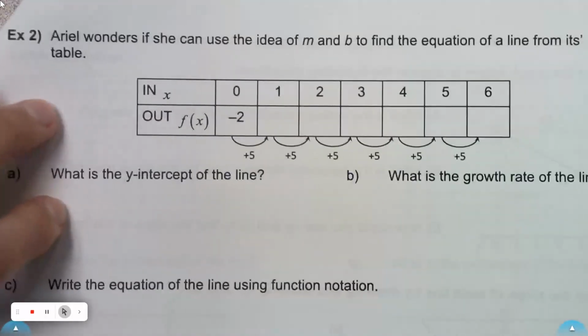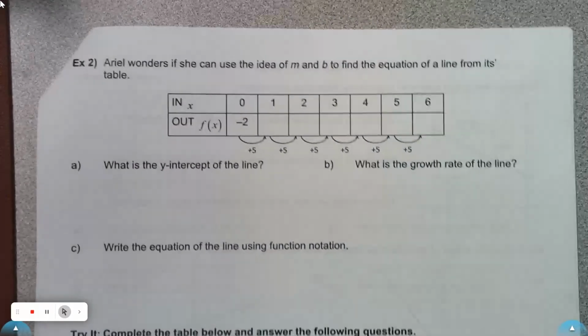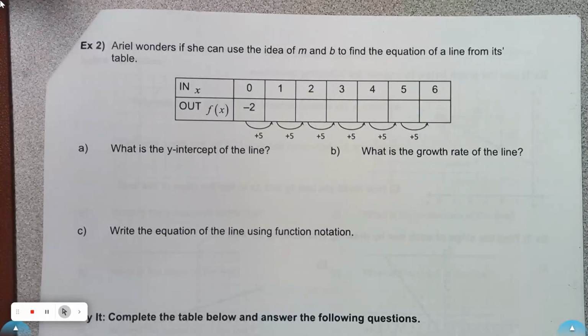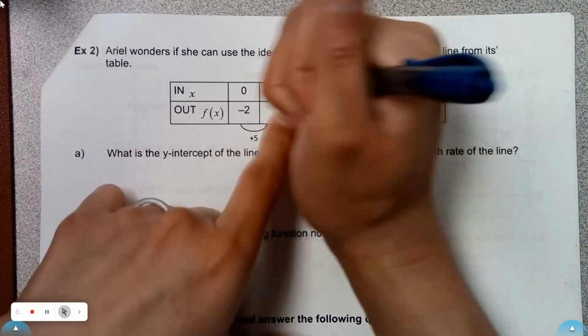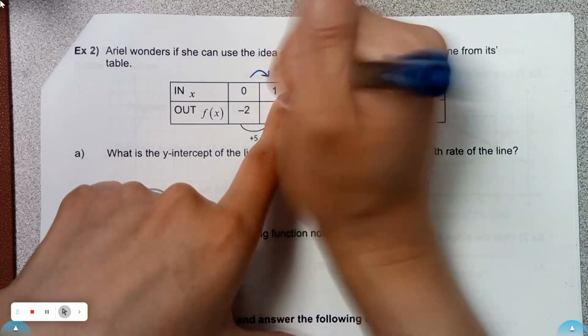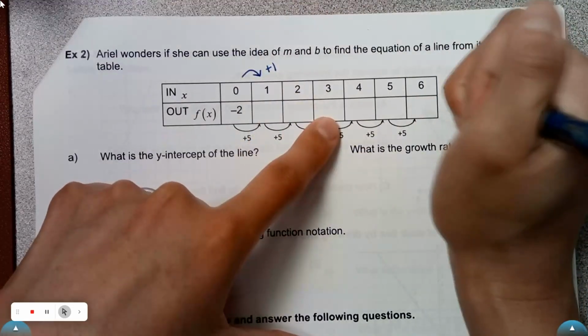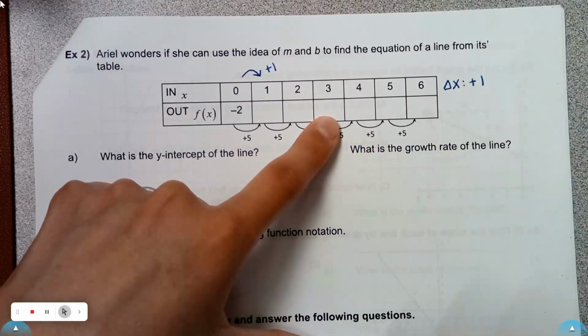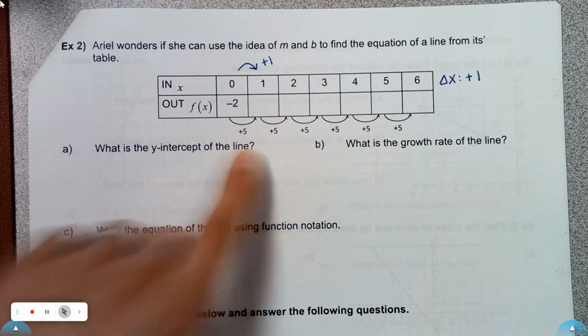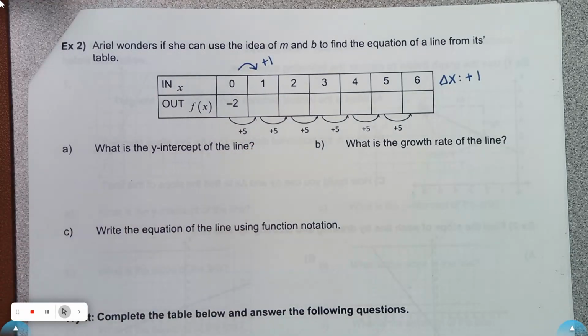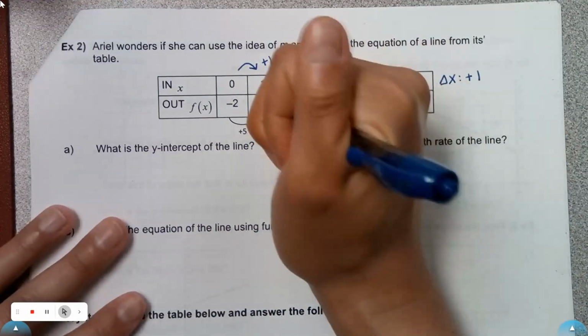Okay, so now we're going to think about tables. Tables, you can also pull your M and your B and figure out what your equation is. Okay, so on the top, you see how I'm going up 0, 1, 2, 3. So on the top, I'm going up by 1. Okay, so my change in X is plus 1. On the bottom, I see that I want to go up by 5, so I'm just going to do negative 2 plus 5, which gives me 3.